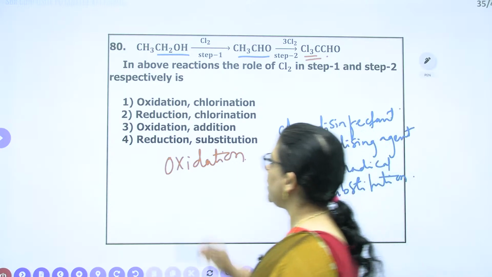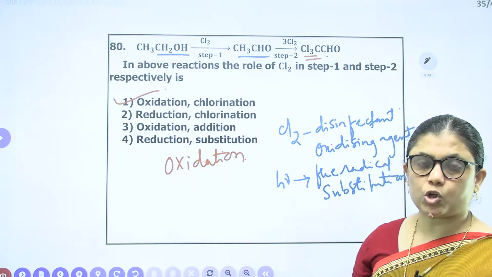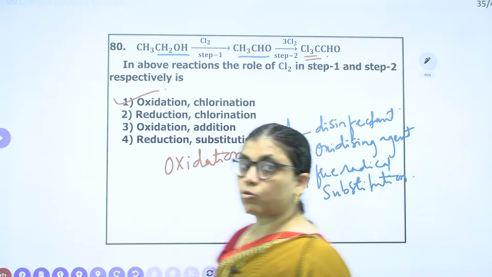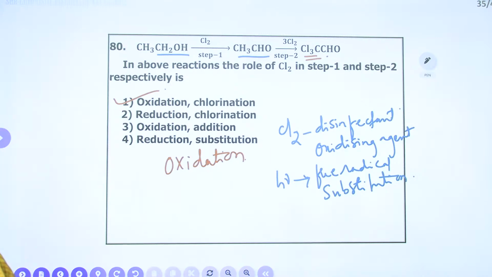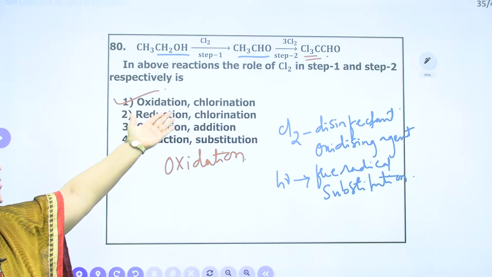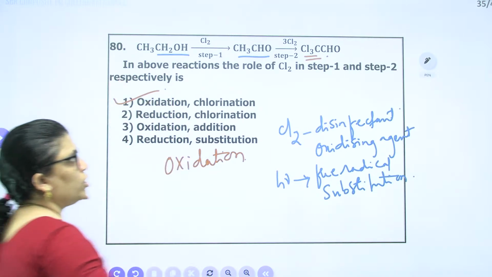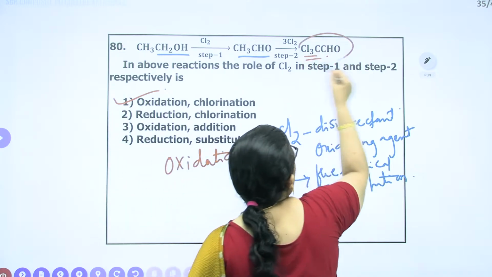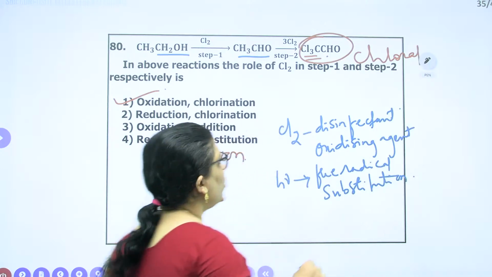That's why the answer is oxidation and chlorination. Chlorine water is an oxidizing agent which can convert ethyl alcohol to acetaldehyde. Acetaldehyde is converted into trichloroacetaldehyde, which is named chloral.